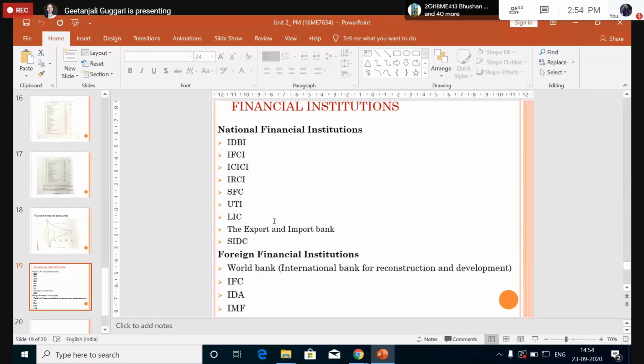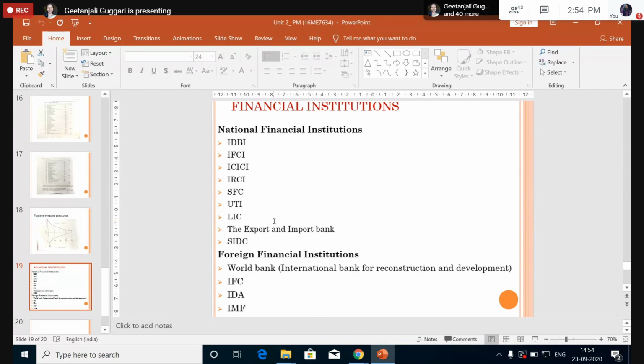The second one is IFCI, the Industrial Finance Corporation of India. There you are going to get long-term loans under the different schemes for the industries. Then the Industrial Credit and Investment Corporation of India, that is ICICI.